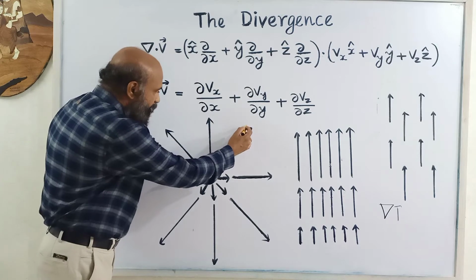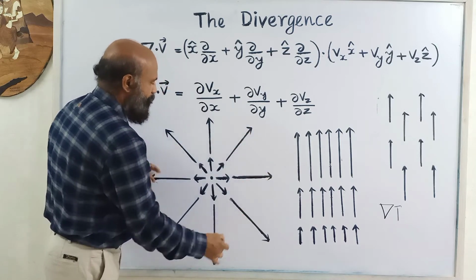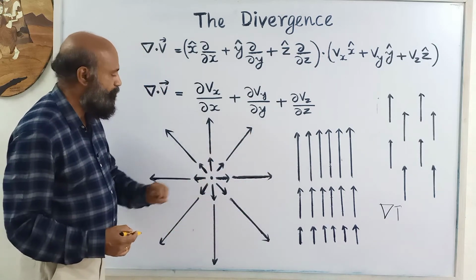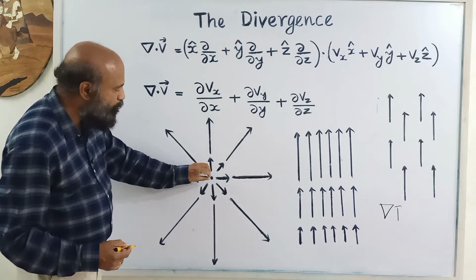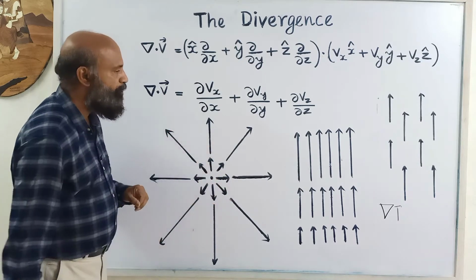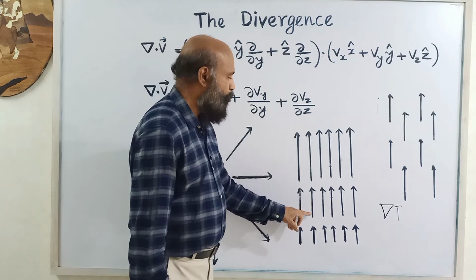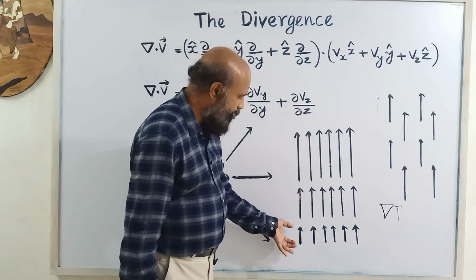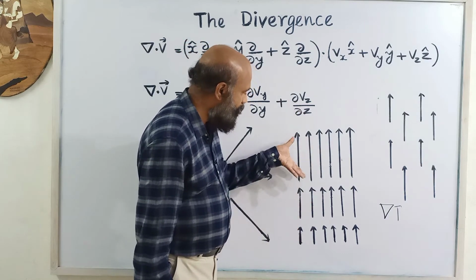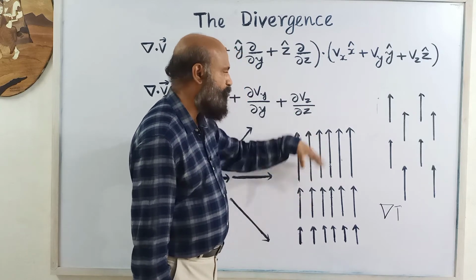Suppose the arrow is directed inward, then it will have negative divergence. In this case also the divergence is positive, because you can see the length of the arrow is going on increasing.